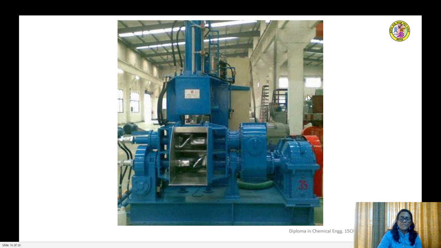So this is a real picture of a Banbury mixer that is used in industries. You can see here that it has a chamber formed out of two cylindrical sheets, and the two sheets intersect at this point.